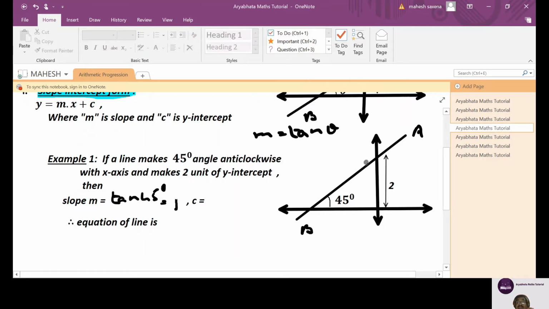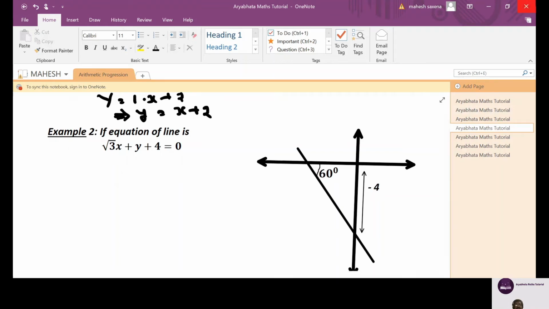And c is the y-intercept, which is 2, therefore c = 2. Therefore, the equation of the line will be y = 1 into x + 2, that is y = x + 2. This line can be represented as y = x + 2.